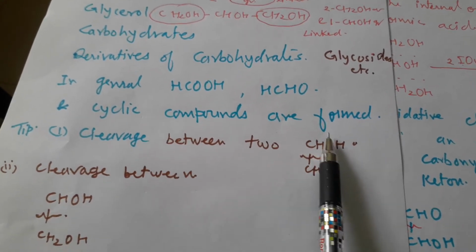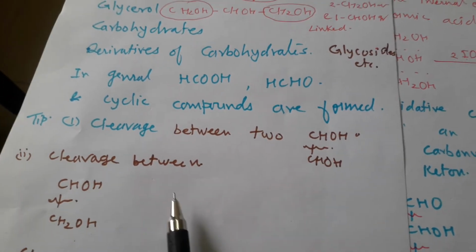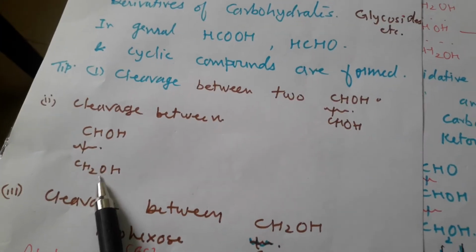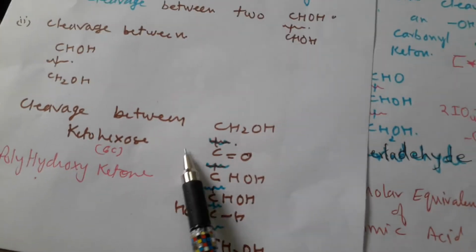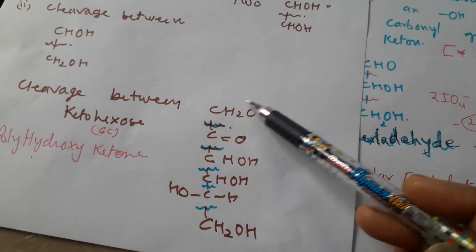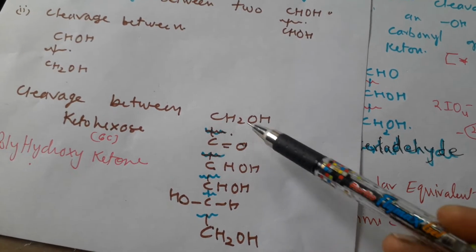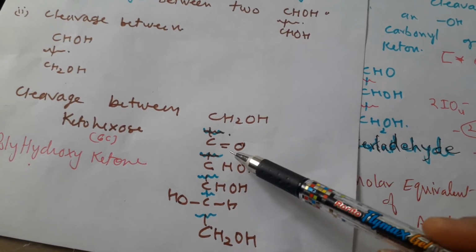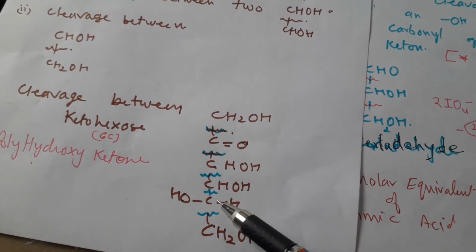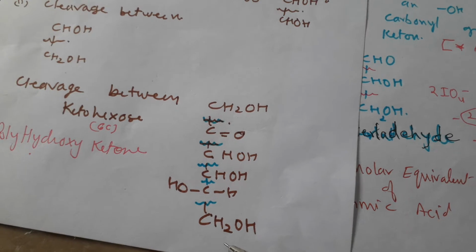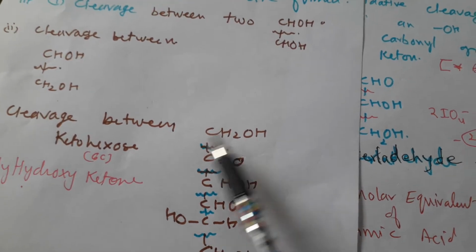Cleavage between CHOH and CHOH occurs, cleavage between CH2OH and CHOH occurs, and cleavage in a ketohexose occurs. So CH2OH, this is a primary alcohol, then carbonyl group, CHOH, CHOH and CH2OH. So this is a polyhydroxy ketone.